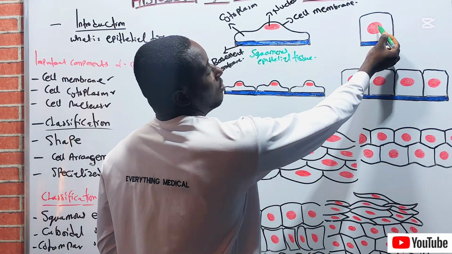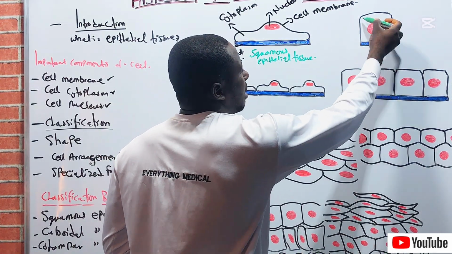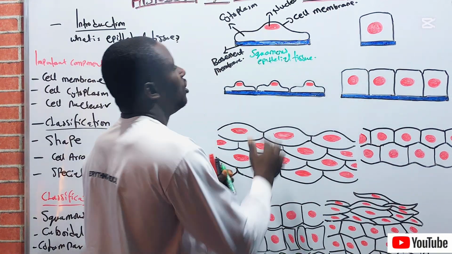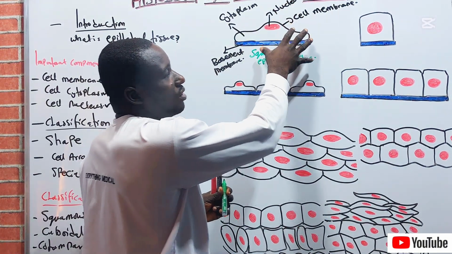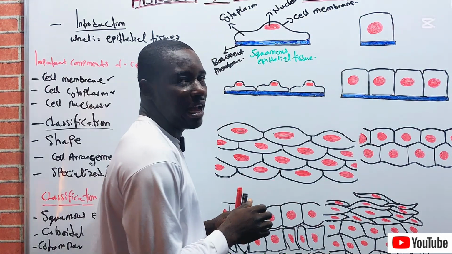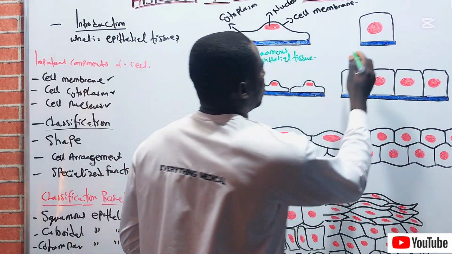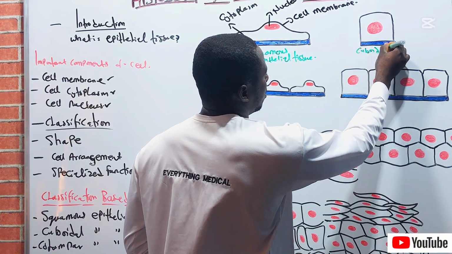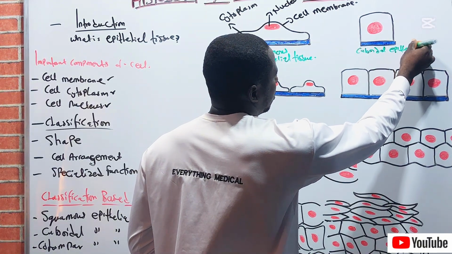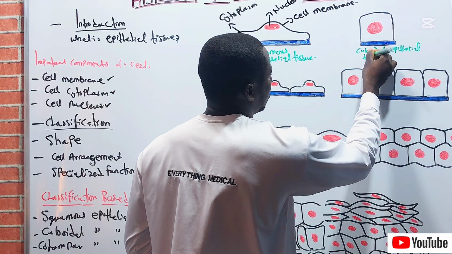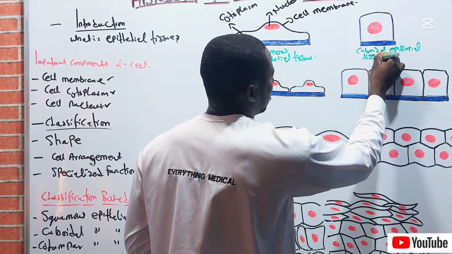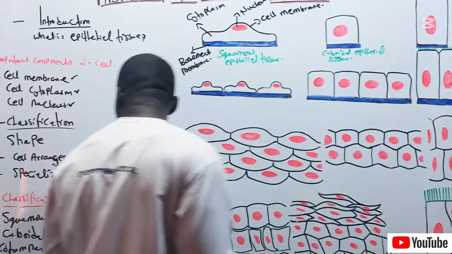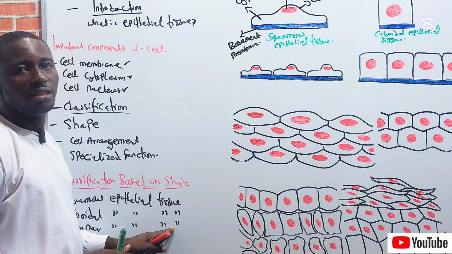They have the nucleus, the cell cytoplasm, the cell membrane, and the basement membrane. So I use this squamous cell to exemplify all their components. So this is a cuboidal epithelial tissue. Now here is a columnar epithelial tissue.